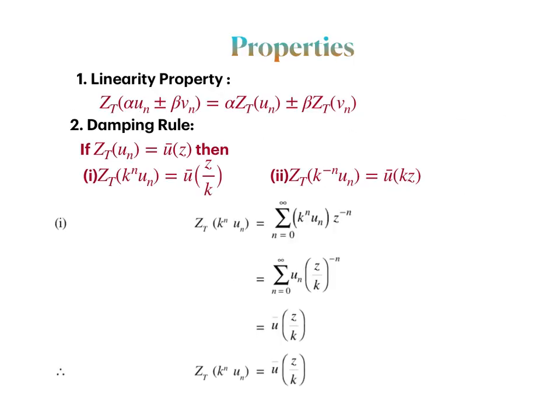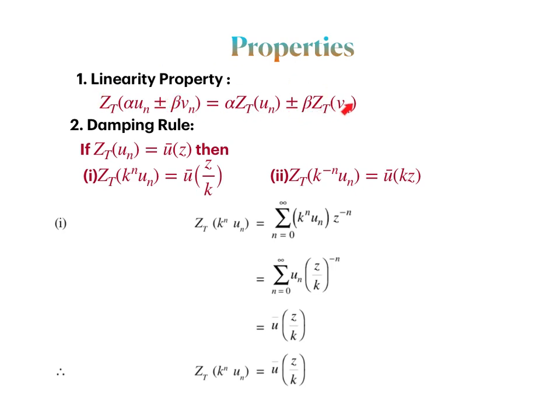Here we have the basic properties, which we need to understand to solve the problems, and it is very important to understand these. Firstly, we have the linearity property. Means Z transform of alpha Un plus or minus beta Vn, where alpha and beta are constants, you can separate in this way. Alpha keeping constant, keeping as it is, Z transform operating on the first nth term Un, plus or minus based upon which sign is given, beta, the second constant keeping out, Z transform of Vn.